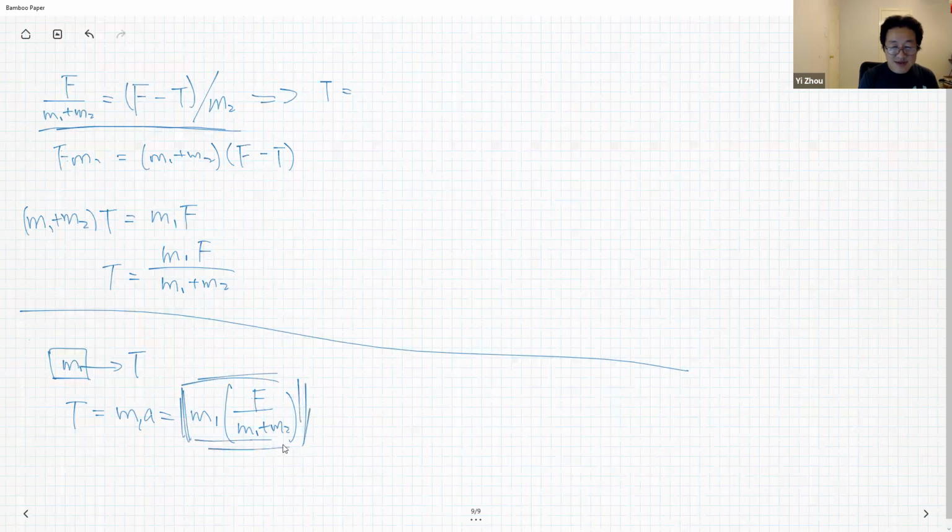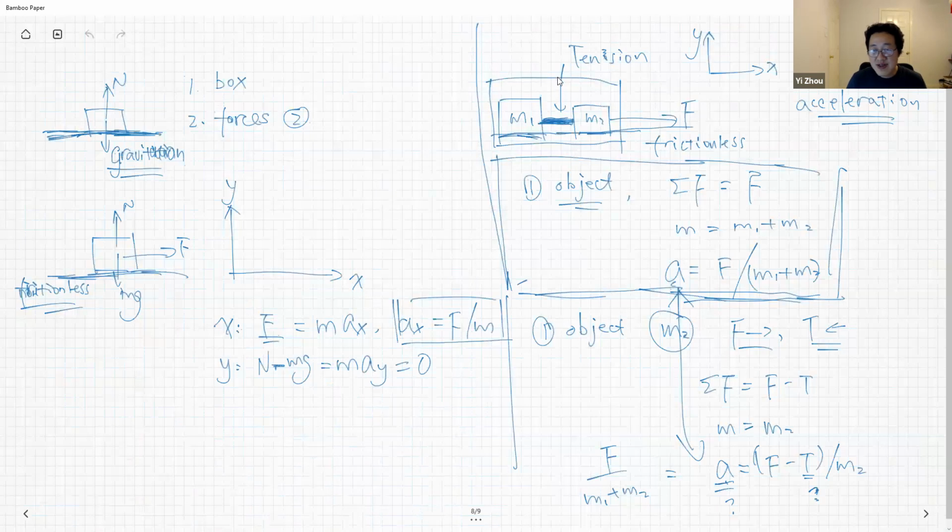So see, there are multiple ways we can do the analysis. Be smart and find the best way to choose the object. Basically, there are three objects to study: you can study M1, you can study M2, or you can study them together.